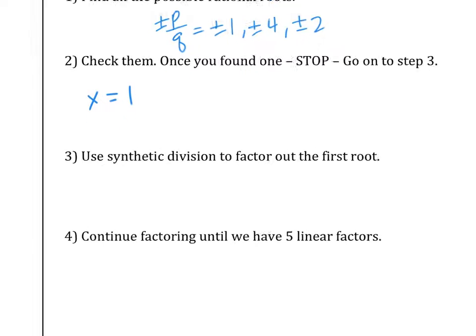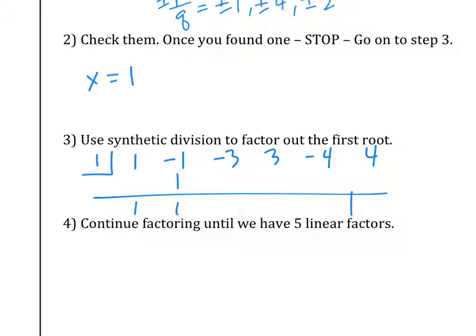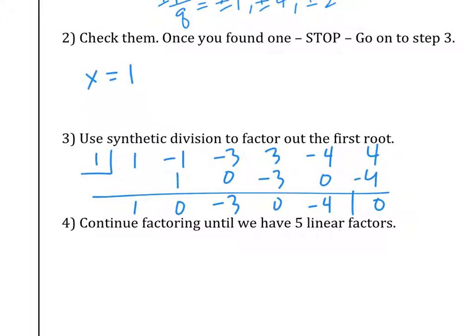Since 1 works, we're going to use synthetic division to divide that out. 1, negative 1, negative 3, 3, negative 4, 4. Let's check it. 1, 1, 0, 0, negative 3, negative 3, 0, 0, negative 4, 0. What is this polynomial that's left over, or the quotient?